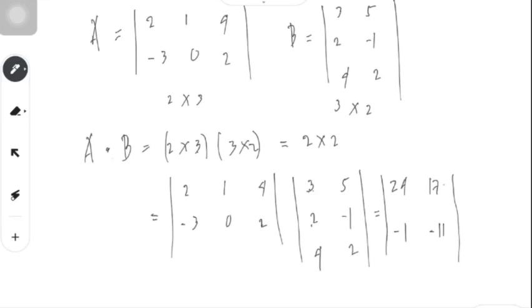This can be done directly on the calculator. Try it. Open your calculator, then set it to matrices. Enter these, then A times B. Let's try it. We will have the same answer.